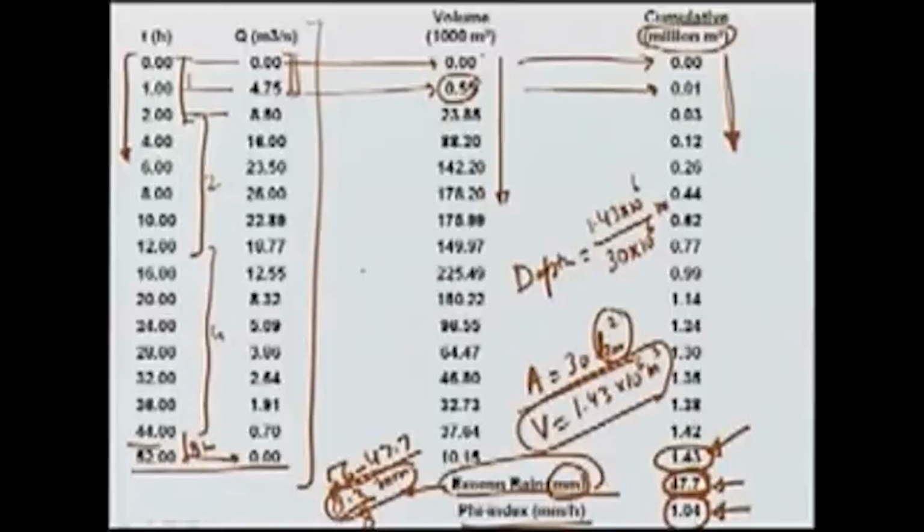So, if our rainfall is like this, 8 and 6, then we have a phi index of 1.04. That means our effective rainfall intensity for 4 hours would be 8 minus 1.04, and this would be 6 minus 1.04.